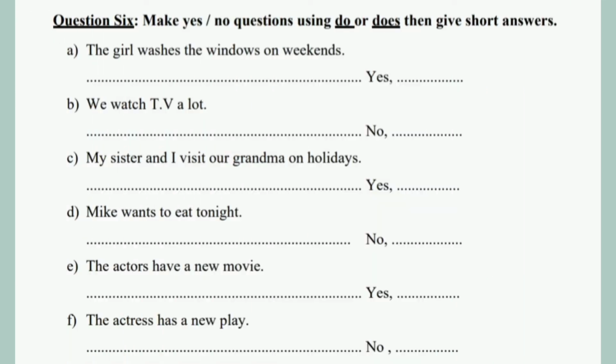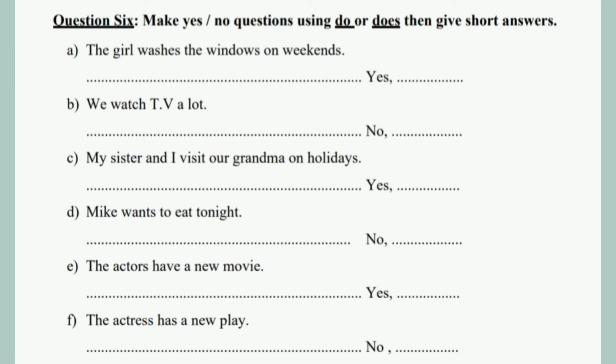Finally, let's explain the last question, where you have to make yes or no questions using do or does and then give short answers. Let me solve the first part. First, look at the verb and determine whether it is a verb to be, an action verb, or a state verb. The girl washes the windows on weekends.